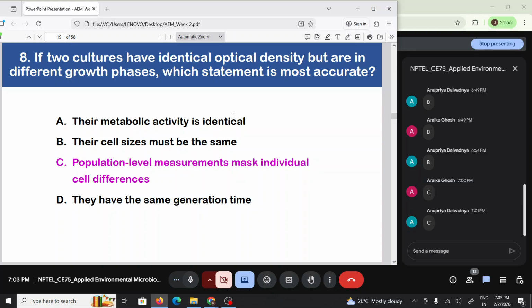All are going to be measured, because the OD is about whether the cell is present in the liquid or in the sample or not, not about whether the cell is viable or non-viable. So in that case, this population level measurement is going to mask the individual cell differences when we have identical optical density but different growth phases. So C is the most appropriate option for this question.